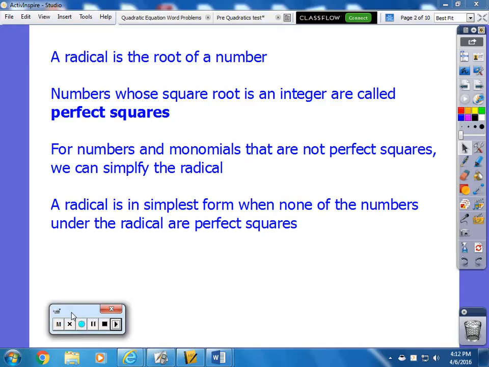A radical is the root of a number. So numbers whose square root is an integer are called perfect squares.